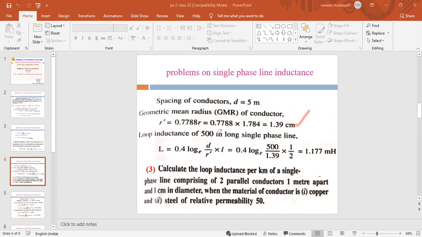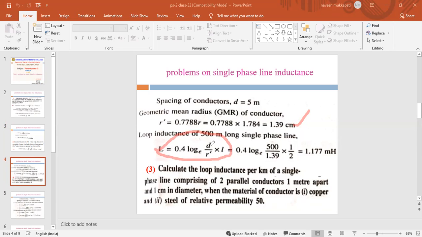If the length is mentioned in the problem, then we write down the formula for the inductance: L is equal to 0.4 log e D by r dash into l. Then it is equal to 0.4 log e 500.